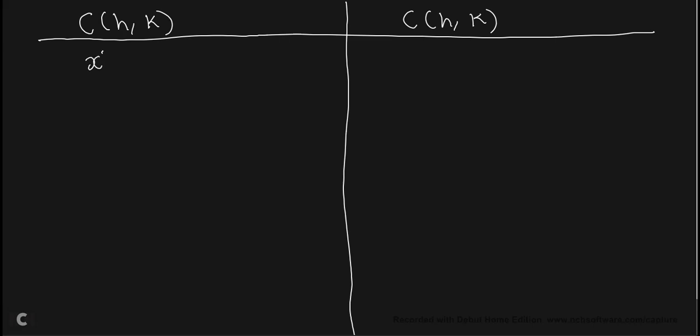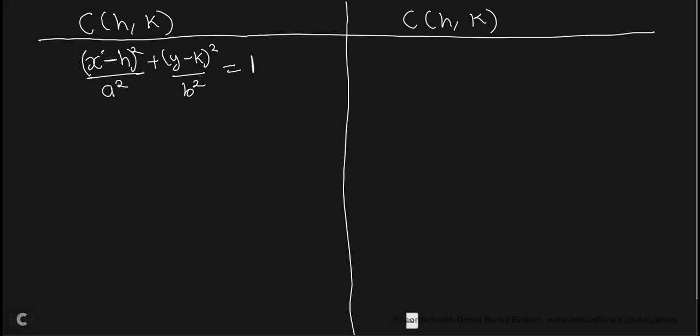Your standard equation will be (x minus h) squared over a squared plus (y minus k) squared over b squared equal to 1.